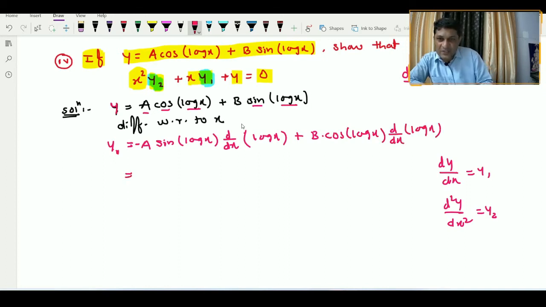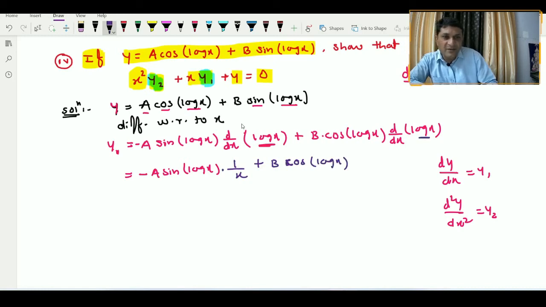So this is equal to, here keep the first term minus a sine log x as it is. Now we are finding the derivative of this log x. What is the derivative of log x? It will be 1 by x, plus b cos log x, keep it as it is. What is the derivative of log x? Again the derivative of log x is 1 by x. So what result will we get if we multiply both sides by x?